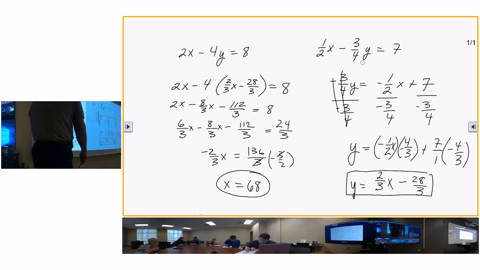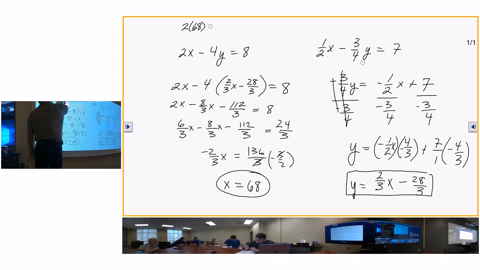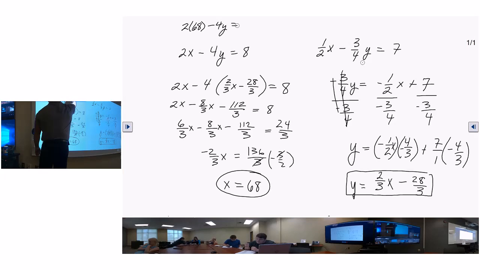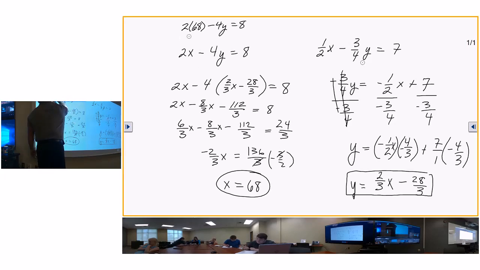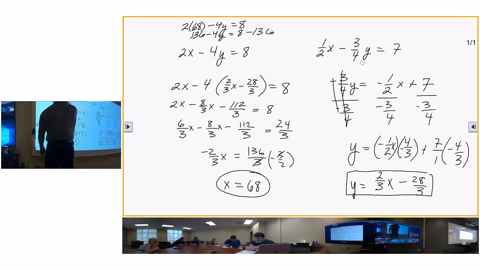Back substitute. I'm back substituting into this one. So 2 times 68 minus 4y is equal to 8. 2 times 68 is 136. Minus 4y is equal to 8 minus 136.